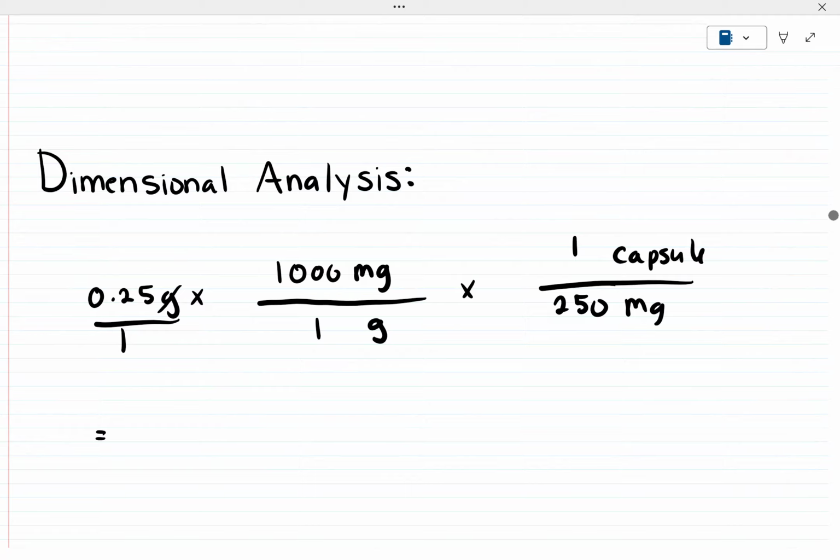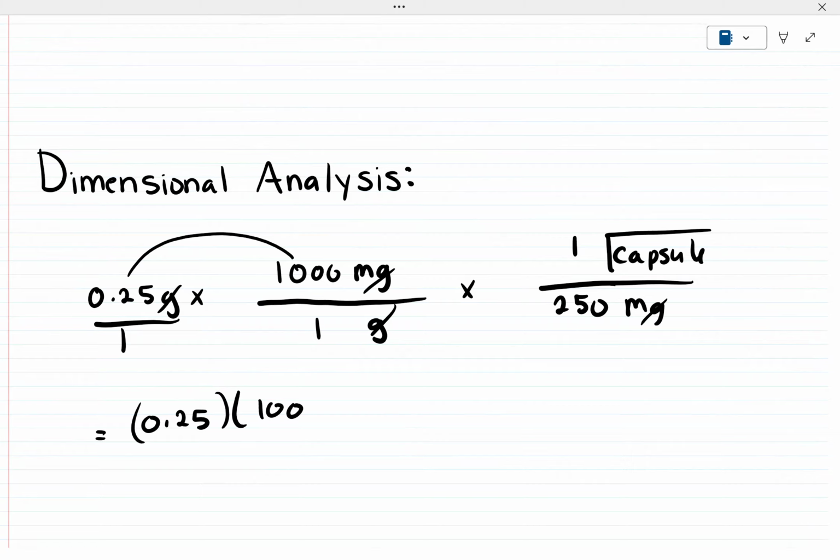As you can see, the grams disappear, so do the milligrams, and you are left with capsules. That's how you know you're right. Go ahead and multiply across. 0.25 times 1,000 times 1 on top. Some people could just do it in their head, but I like to show every step.